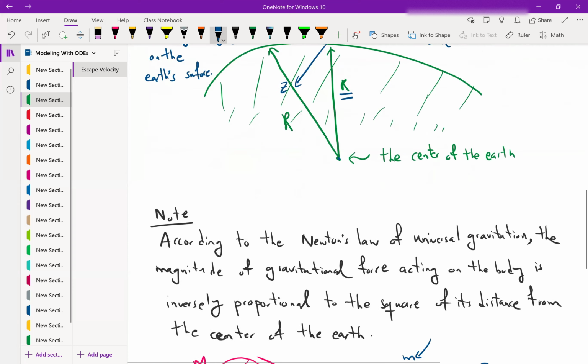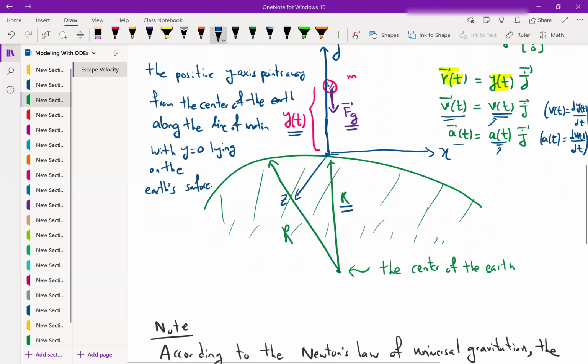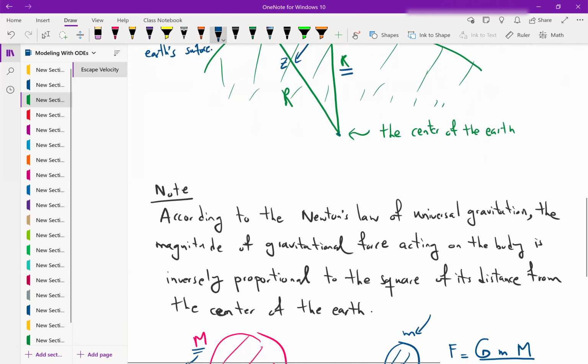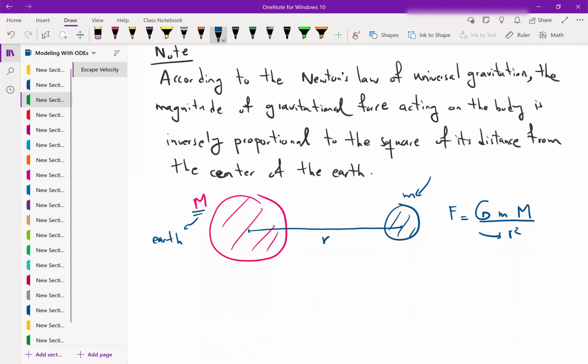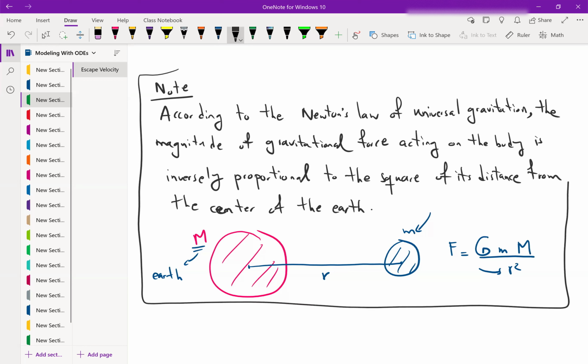The r in this formula, in our case, is the radius of the Earth plus y(t). That R plus y(t) is the distance between the center of the Earth and the mass m. So putting all these together, now I know what my Fg is. Let me put this note inside the box. This was just a review. And then I can write a formula for my Fg.